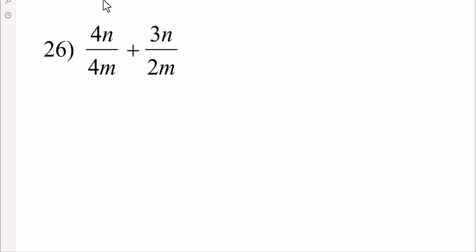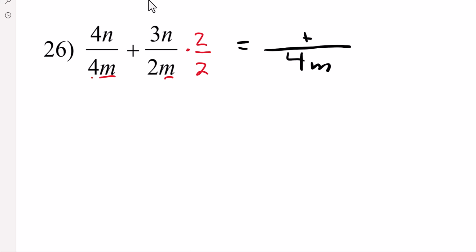All right, let's do another one of those. Notice this one's pretty close. They both have an m. This is 4, this is 2. So we just have to multiply this fraction, top and bottom, by 2. And then both fractions will have 4m as the denominator. And in the numerator, we have 4n plus 3n times 2 is 6n.